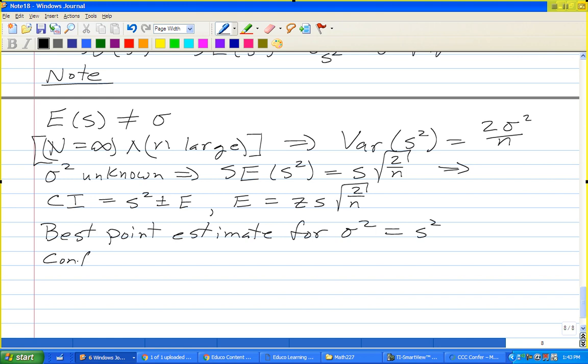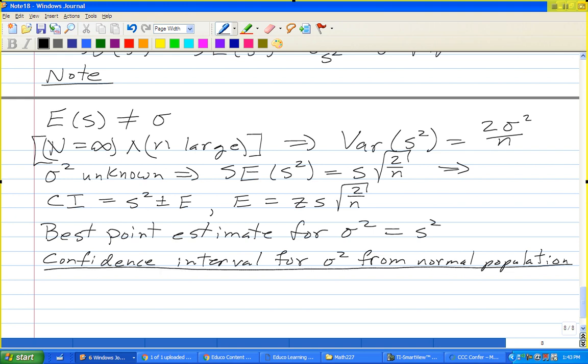A confidence interval for estimating the population variance, if you are sampling from a normal population, will have the following form.